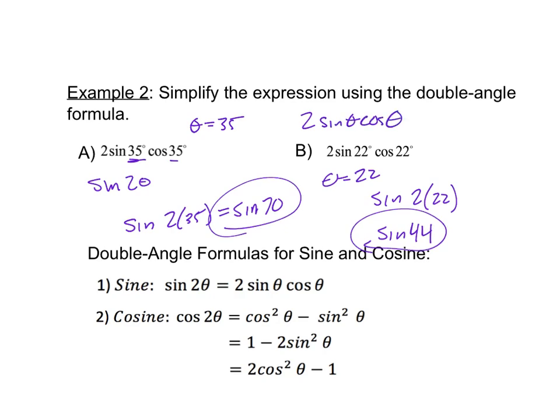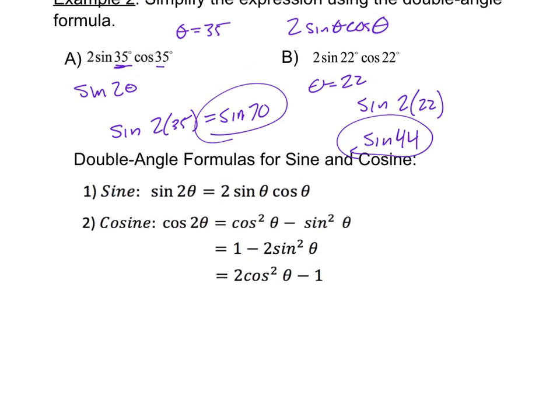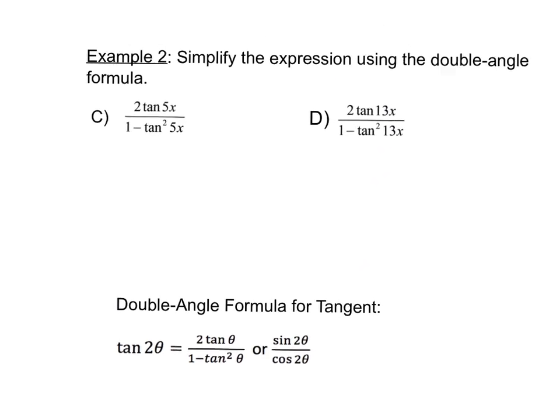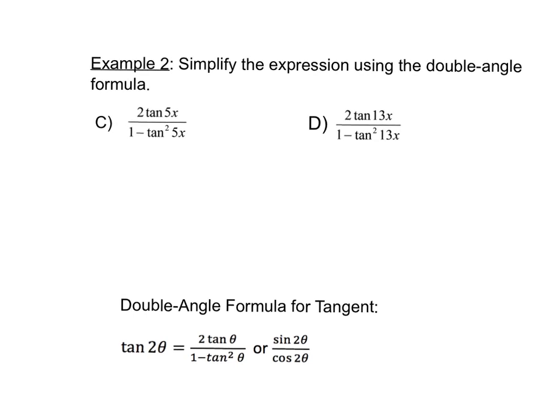and working backwards. Okay, so here's your double angle formulas for sine and cosine. Again, you don't have to memorize them, but just be aware of them. And then looking for tangent. What am I looking at here? Well, 2 tangent of theta over 1 minus tangent squared of theta. So here, theta is going to be my 5x.